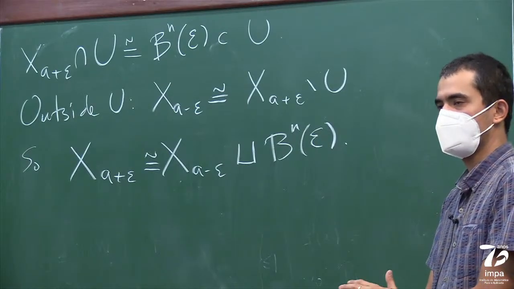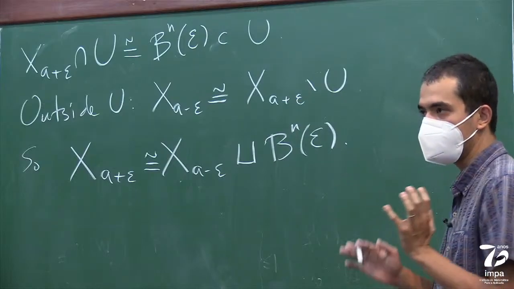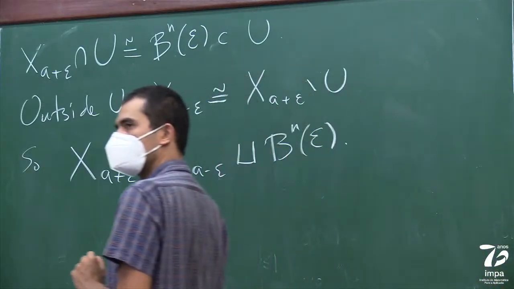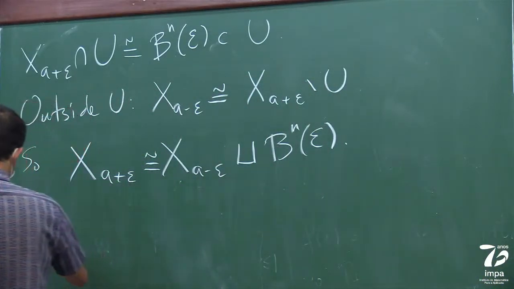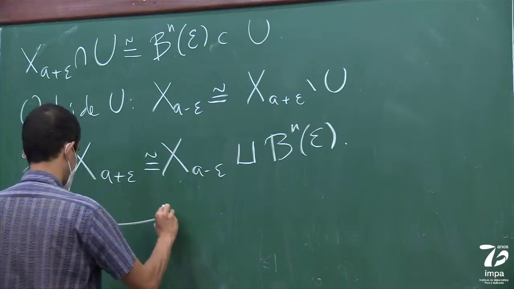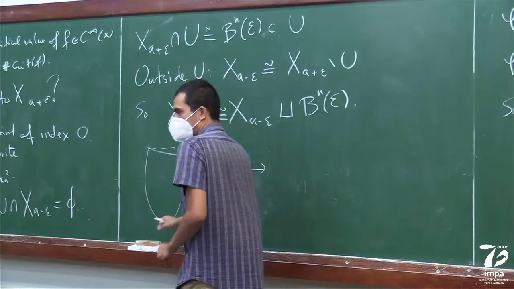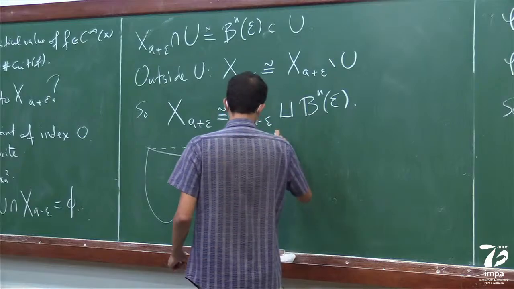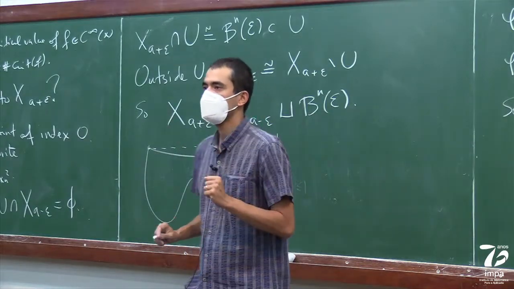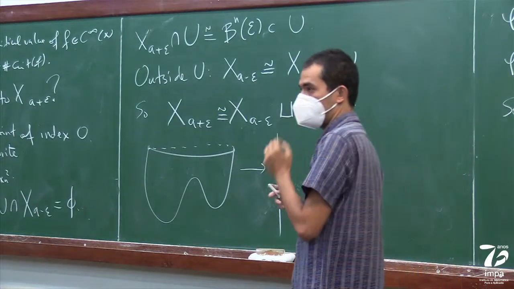Okay? So let me draw a picture of an example so you can see this in action. Let's say I have a surface like this. Let's see this picture here. What's happening here?